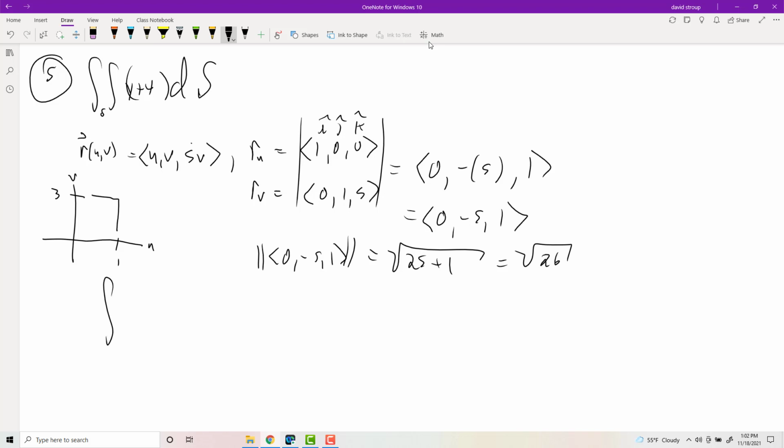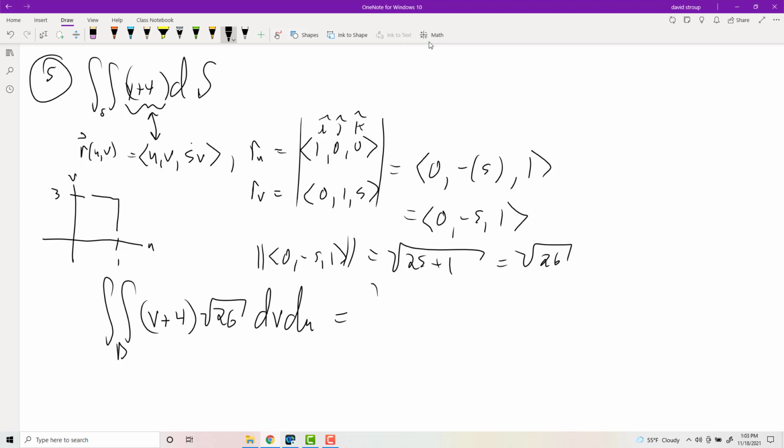Stuff it all into my integral now. So I'm integrating over this region D. I'm going to rewrite this y plus 4 now using our new parameterization. I'll write that y is v, so I have v plus 4, and then times the square root of 26 times dv and then du, right?